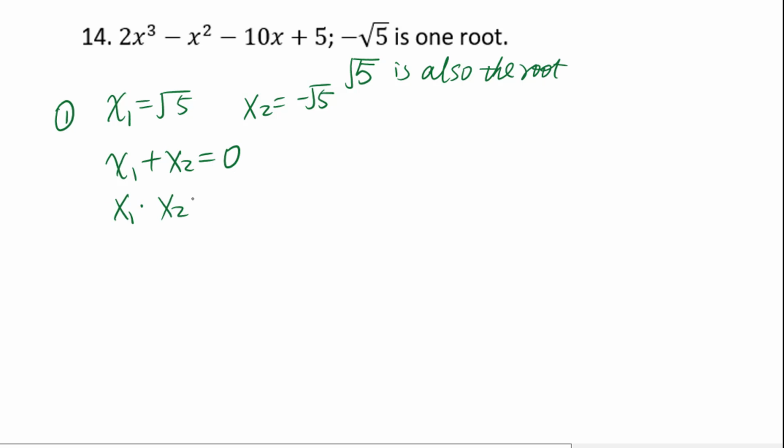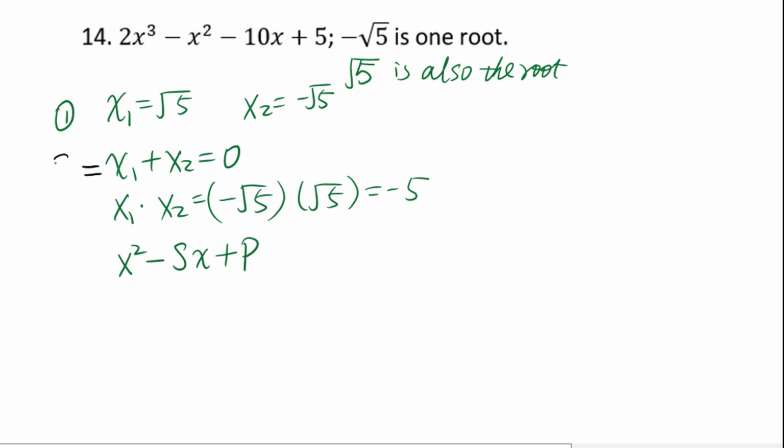Multiply: negative square root of 5 times the square root of 5, that is negative 5. So use Vieta's form, x squared minus sx plus p, where s is the sum and p is the product. So we have x squared minus 0x minus 5. Combine like terms, x squared minus 5.